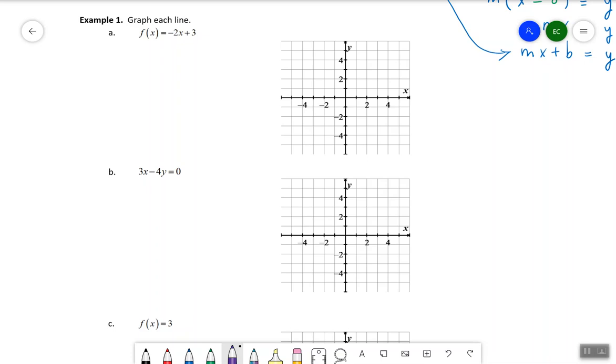We just want to graph a line, and there are a couple different ways to do this, but probably the quickest or easiest way would be to recognize that we have an equation in the form y equals mx plus b, and so we know that the slope is m and the y-intercept is b.